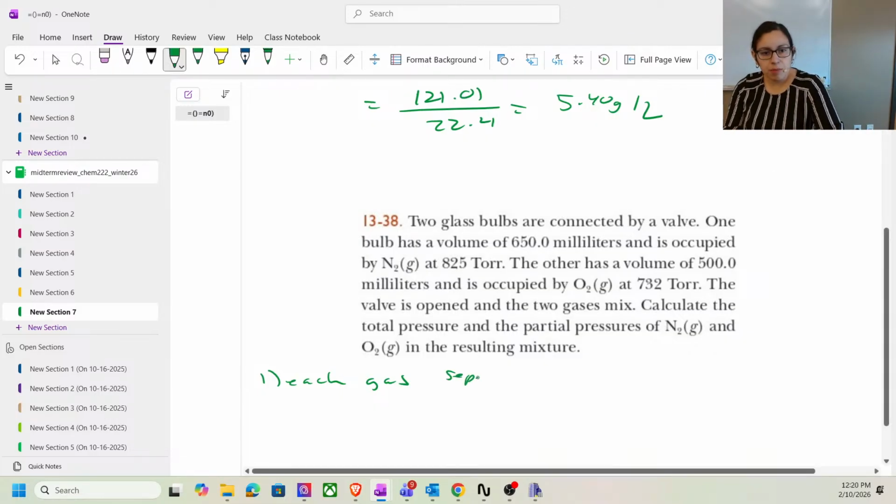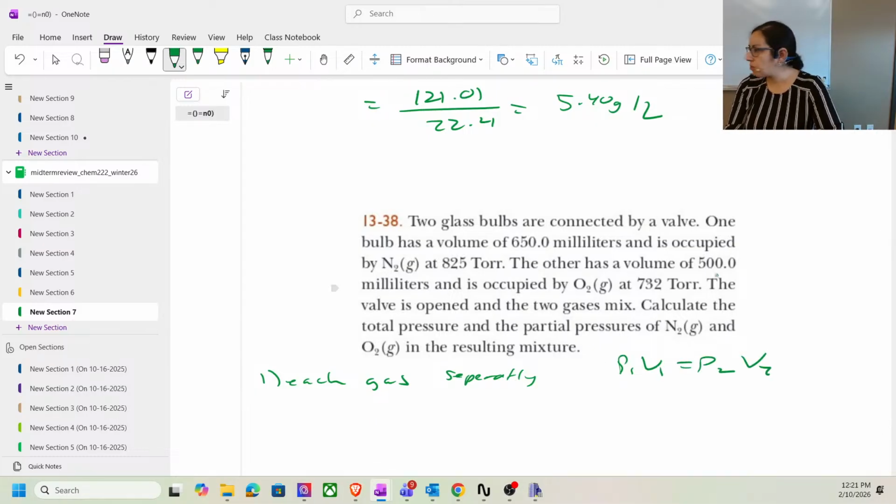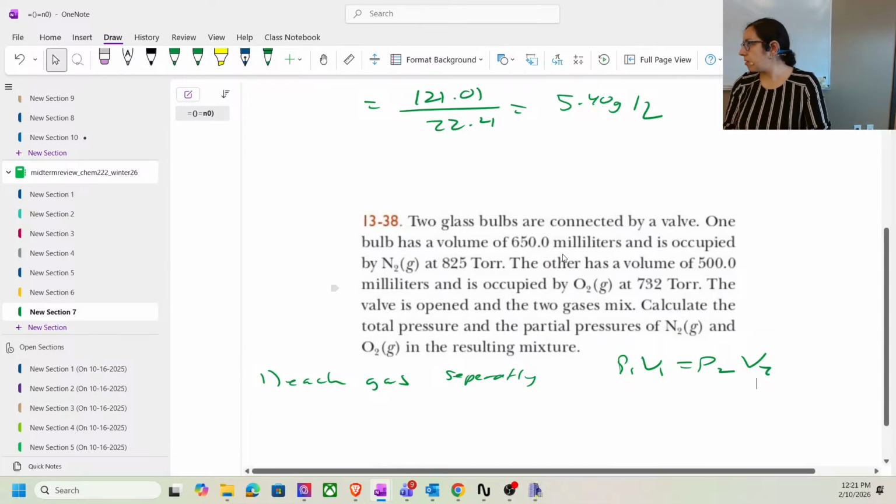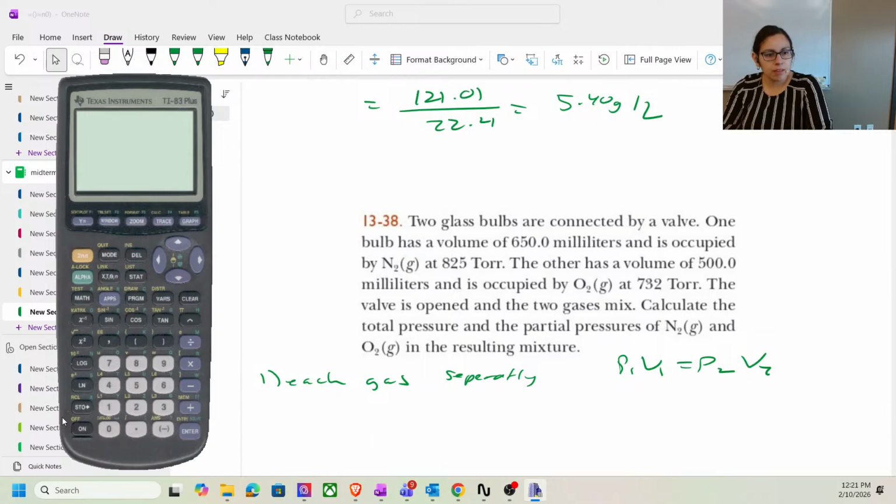And then this can become just a P1V1 equals P2V2 problem. We have an initial volume, and then let's get our final volume. So we're treating each gas separately. They're in their separate containers, and then let's get our final volume.